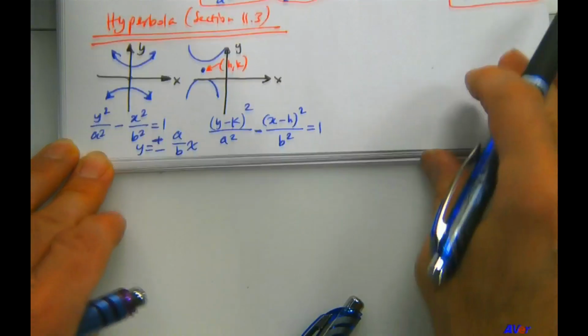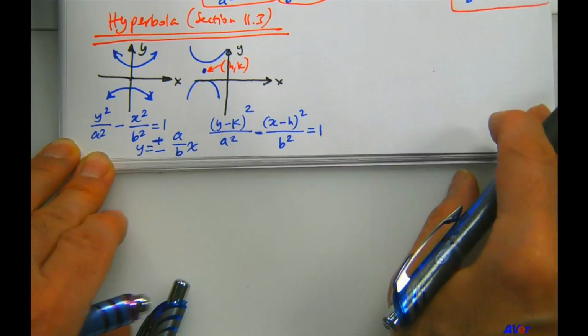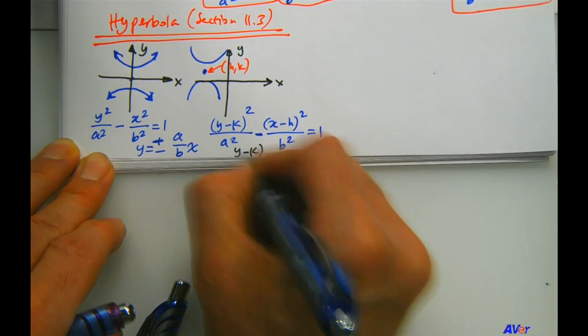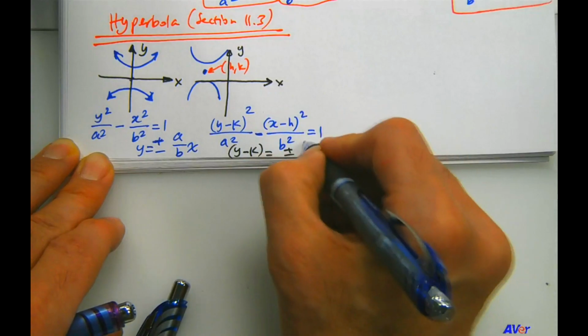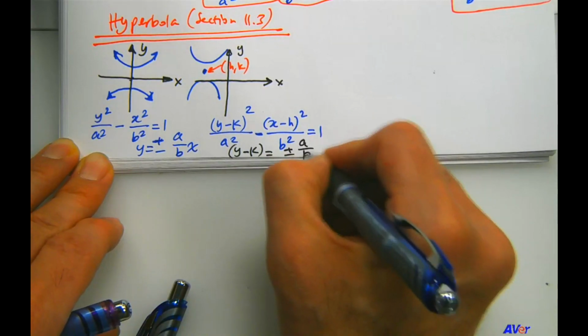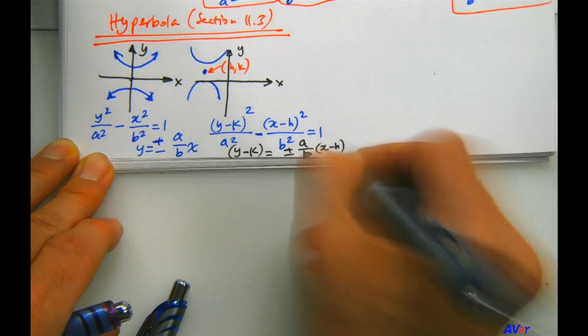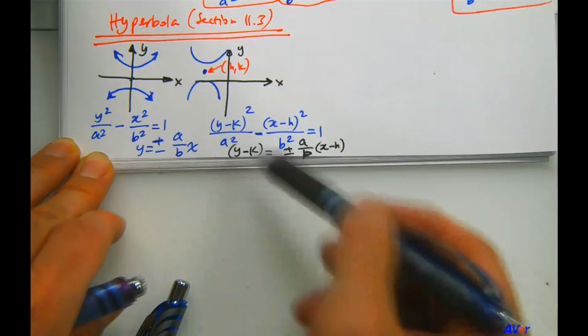It's in the same way. Instead of y, we will have y minus k equals plus or minus a over b times x minus h.